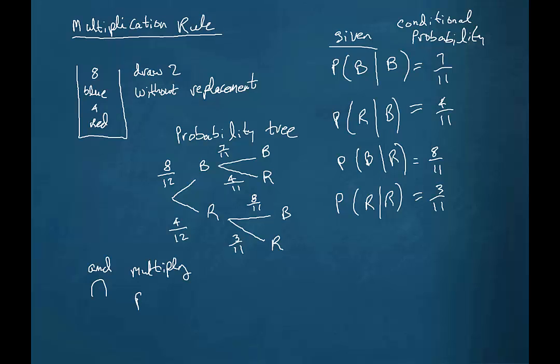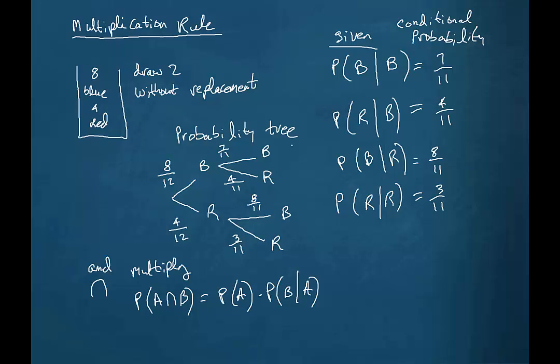And the formula looks like this. The probability that event A and B would occur is equal to the probability that event A would occur times the probability that event B would occur given A has already occurred. So in each one of these cases then, in order to get to the ends of these branches, we would multiply.